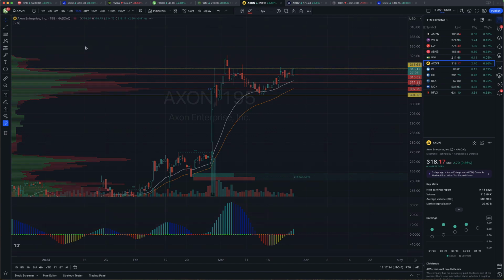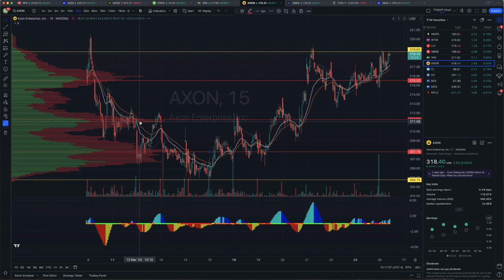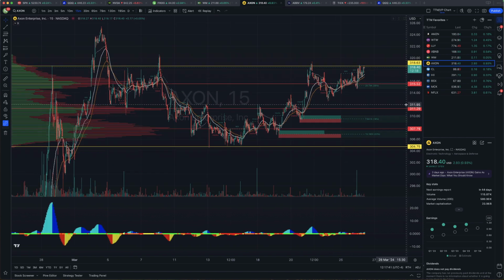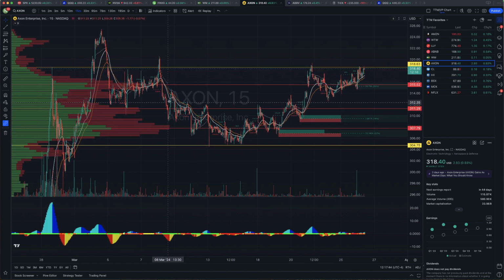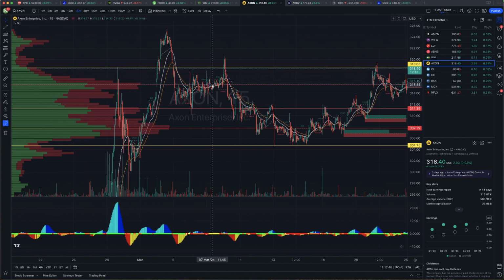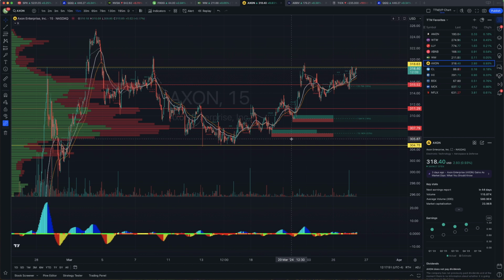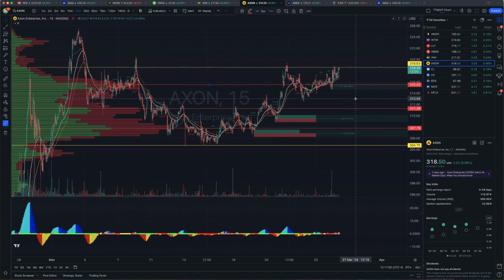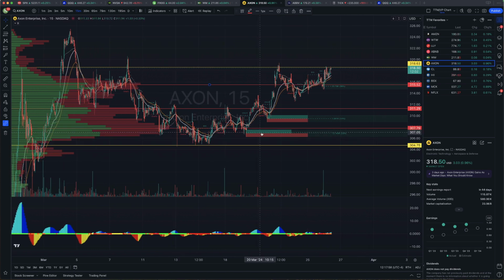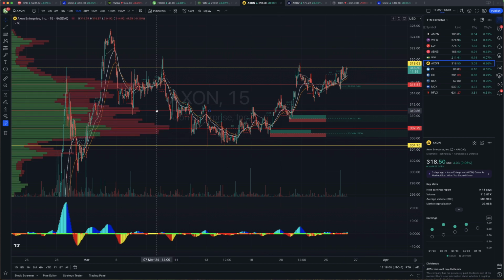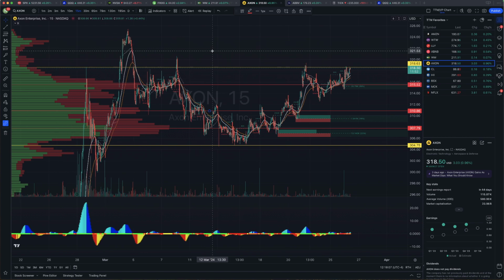Then I'm going to come to like a 15-minute and look at more data, right? Make sure my lines are in the right place. Make sure what I'm seeing makes sense. Like that. So you can see this point of control line kind of lines up with an order block here. This one with an order block here. And then I kind of make some adjustments to those lines. So that's how I do that.